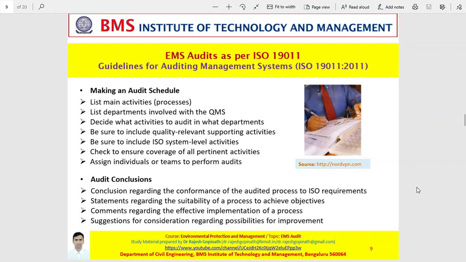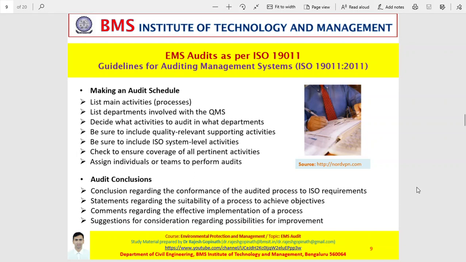Now, what does an audit conclusion contain? It is as simple as whether the EMS of the industry is conforming with the requirements and norms of the ISO itself. The conclusion will indicate statements to identify the suitability of a process towards the achievement of the objectives as listed by the company.